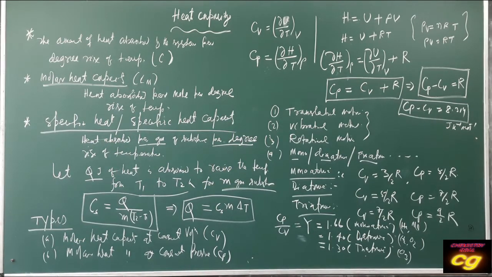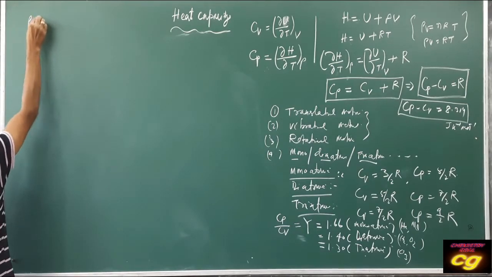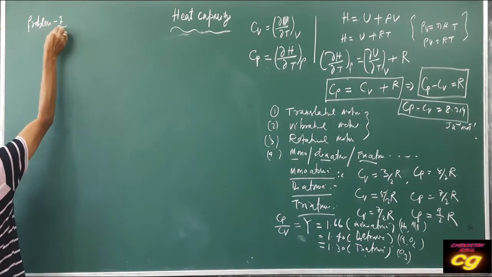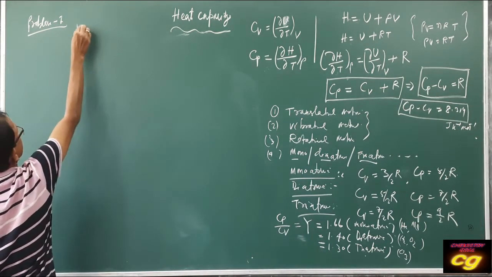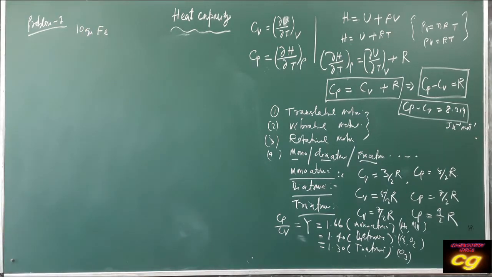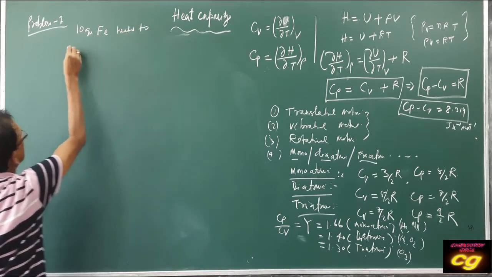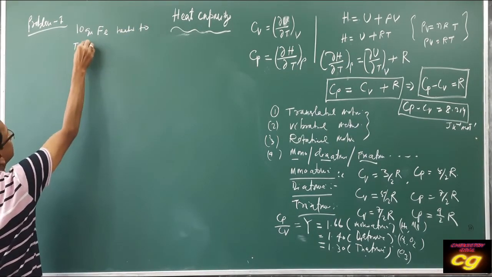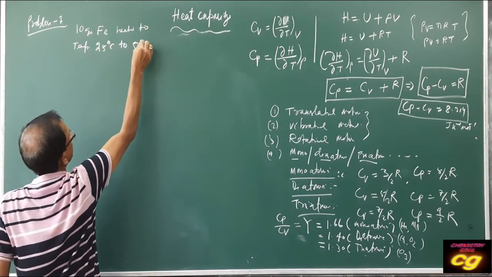Now we will discuss some problems. The problem is: 10 gram of iron is heated from a temperature of 25 degrees Celsius to 500 degrees Celsius.